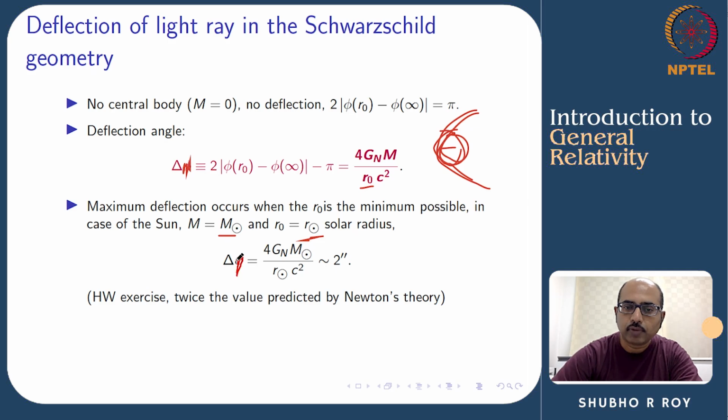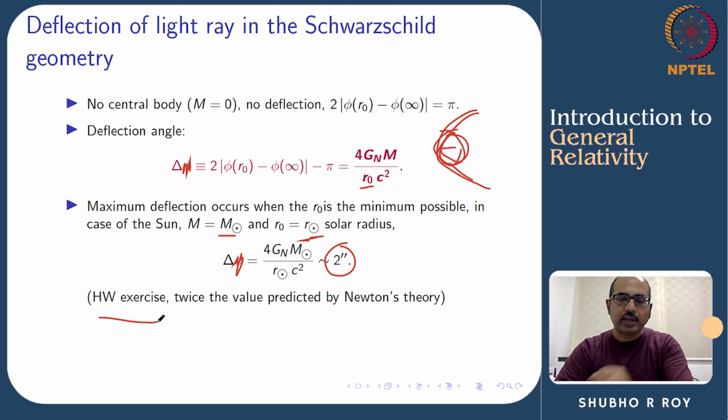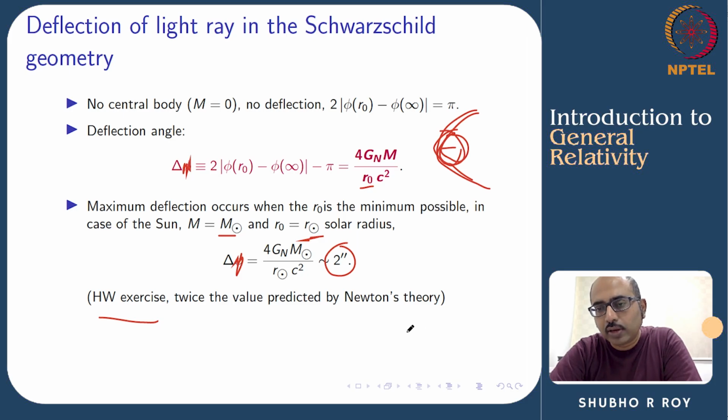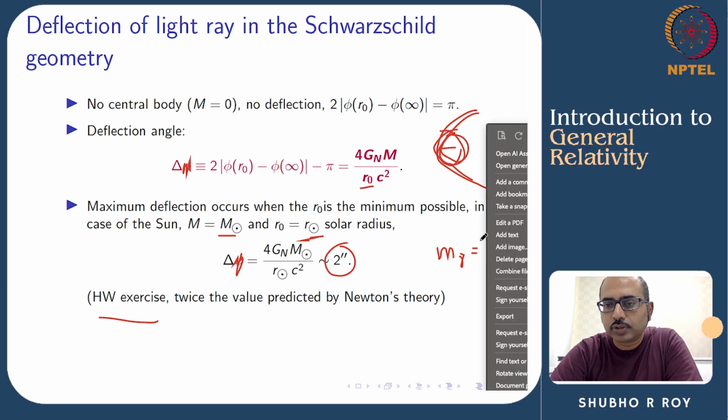It turns out the answer is of the order of 2 arcseconds. Computing this is left as a homework exercise. I think it is about 1.75, so around 2 arcseconds, and in fact it is twice the value predicted by Newton's theory. Now, in Newton's theory, you can think of light as a massive particle with mass equal to h nu over c squared.